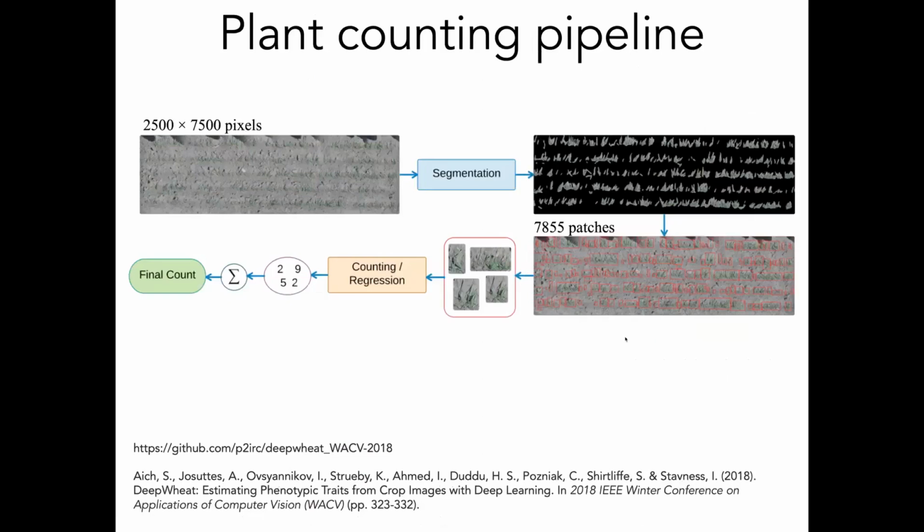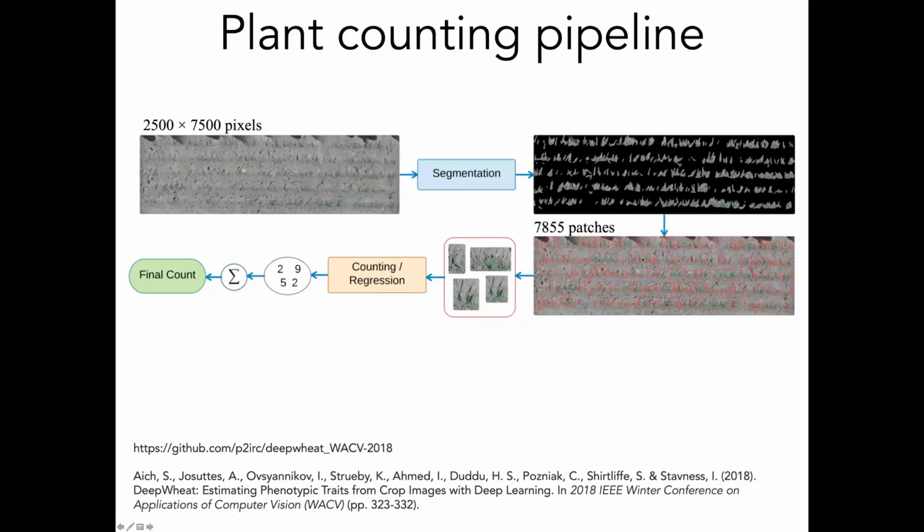And we used similar deep learning architectures as we did for leaf counting for this data set. From this very high resolution image of the whole plot, we used a segmentation network to try to roughly segment the leaves from background. And then based on these segmented masks, we could then identify patches of images.